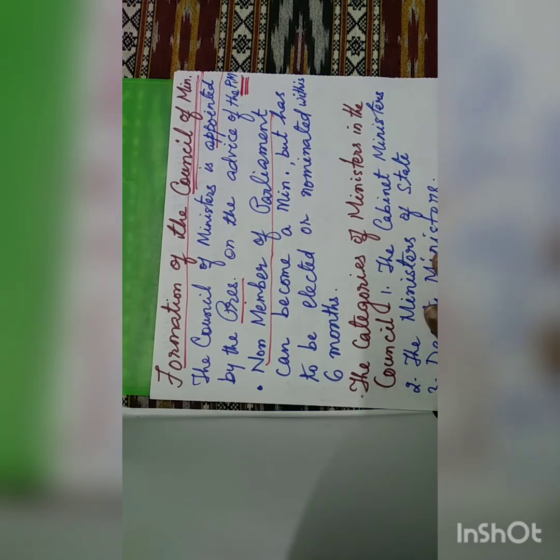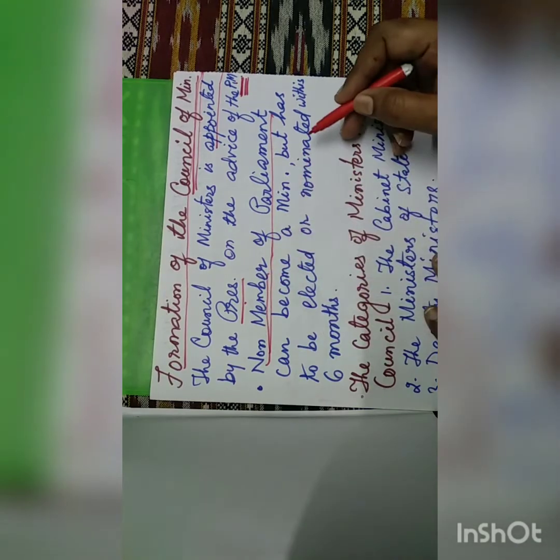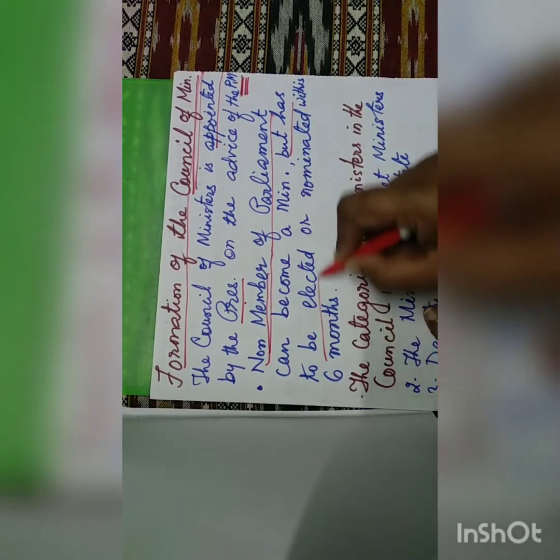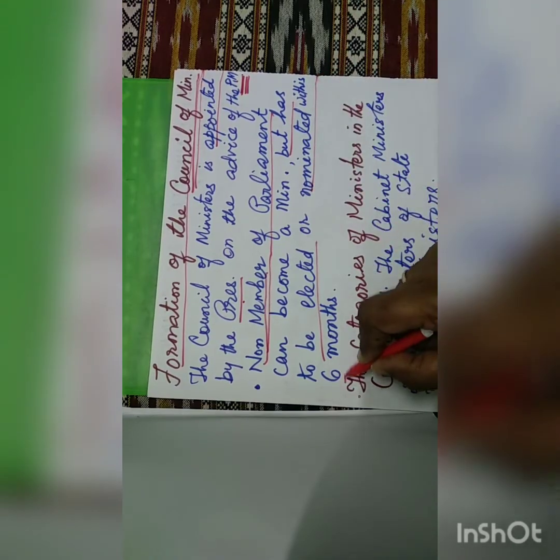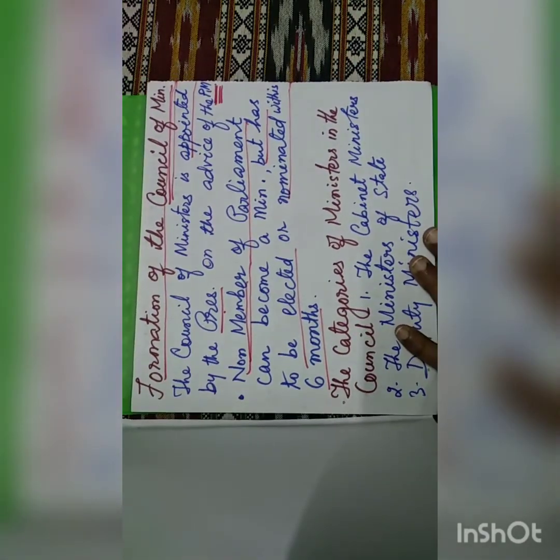So the Prime Minister as the leader may wish to appoint him as the minister. In such a case, such a non-member may become a minister but has to be elected or nominated within 6 months of his appointment. Otherwise, he or she will have to lose power.